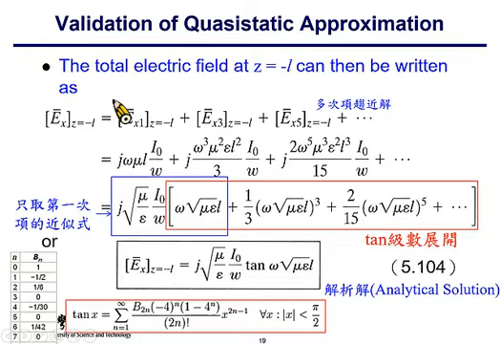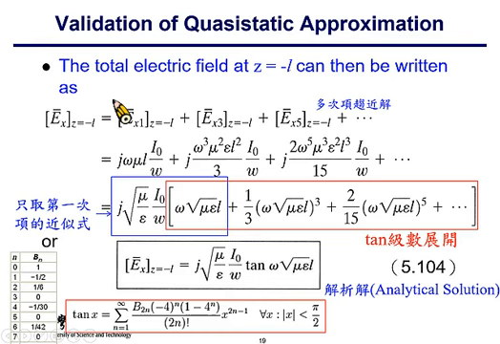And the series can be identified as a tangent series. That is, if you collect enough terms, the summation of all those terms shall become a tangent function of omega square root mu times epsilon times L. And the coefficients here, the first one is 1/3, 2/15, and so on.